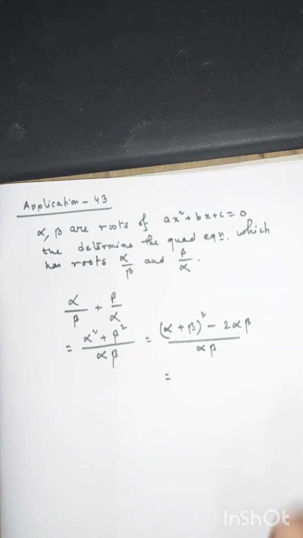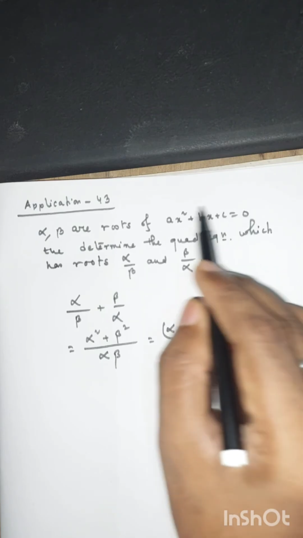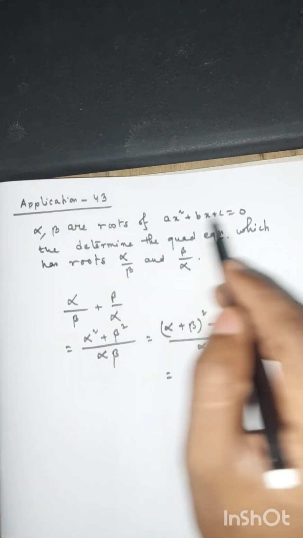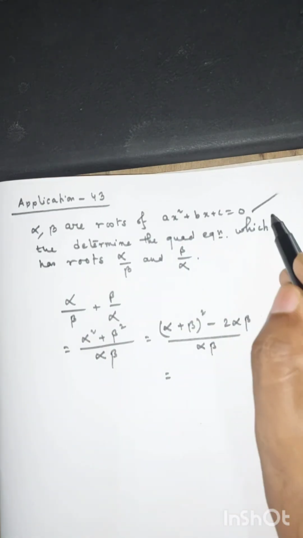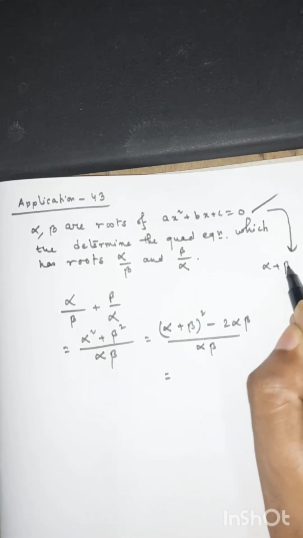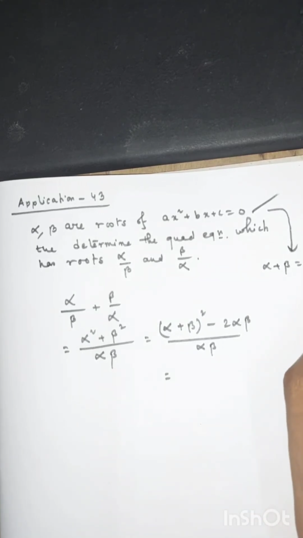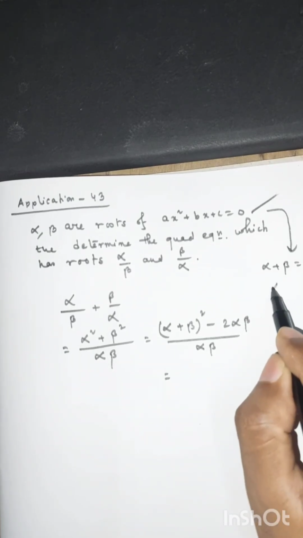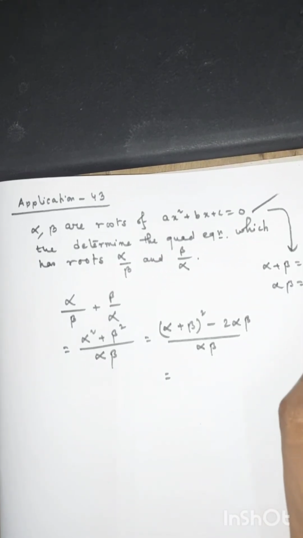So we can say alpha plus beta from this equation. From this information we can write alpha plus beta is equal to minus b by a, and alpha beta equal to c by a.